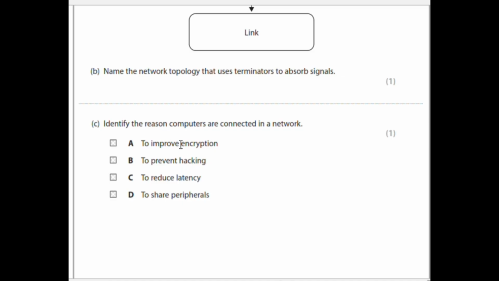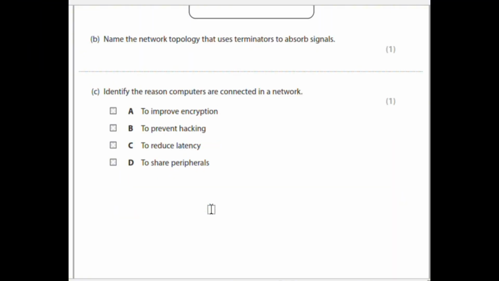Sometimes it can also be to share storage. For example, you can have a network that will have a server that has the storage, and then the other computers can share from that. So the reason we connect computers to the network is to share resources or to share peripherals. But all these others are issues that arise from using computer networks.